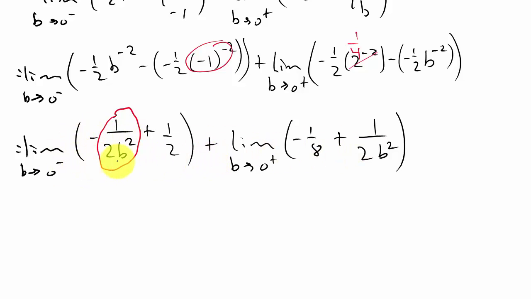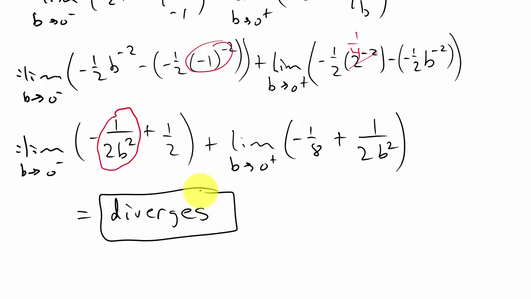If any one of them is not converging to a number, then we say that this diverges.